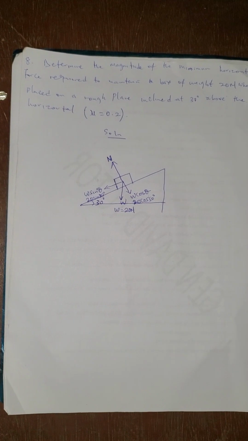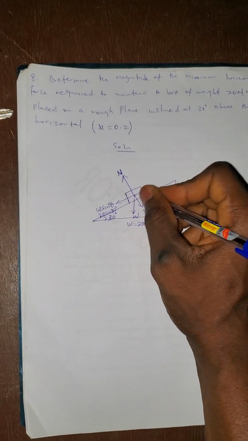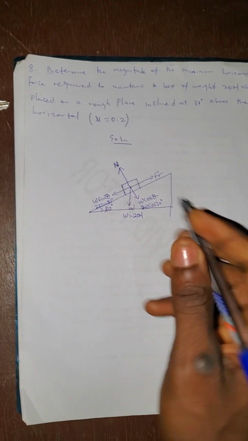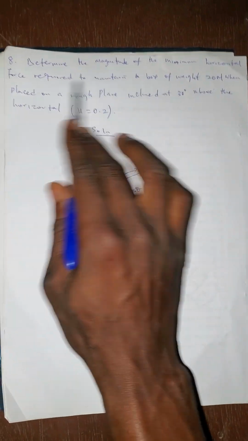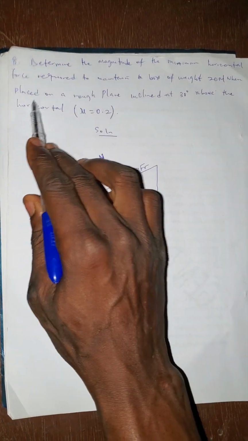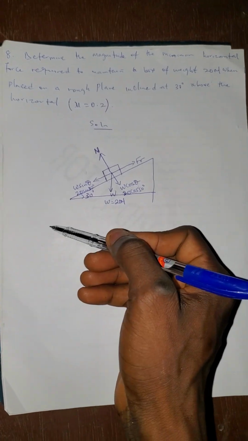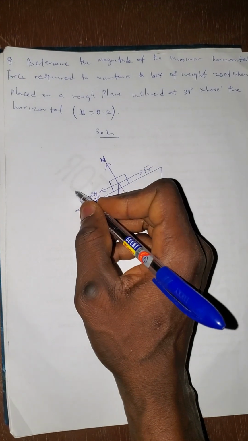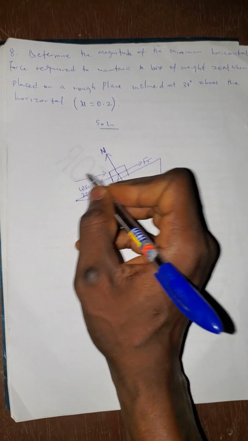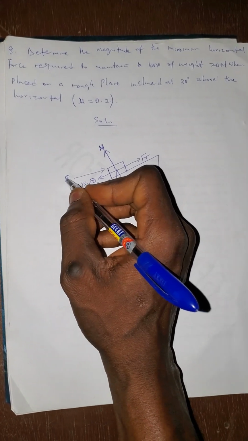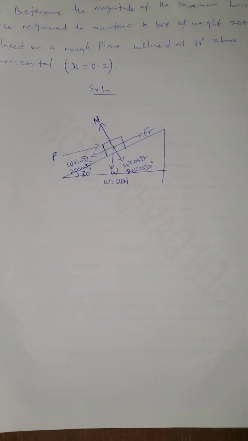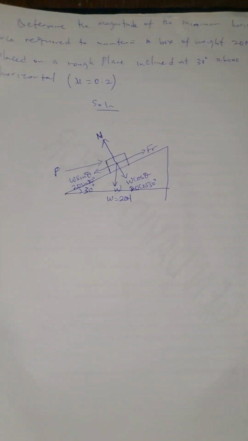That's it. Now, don't forget that the frictional force will oppose this motion, because the box is placed on the rough plane inclined like this, so it will slip down. But we are asked to calculate the force that will be used to keep it.